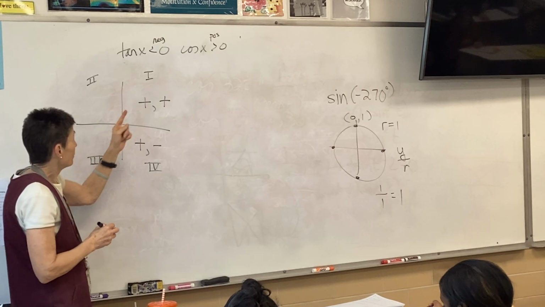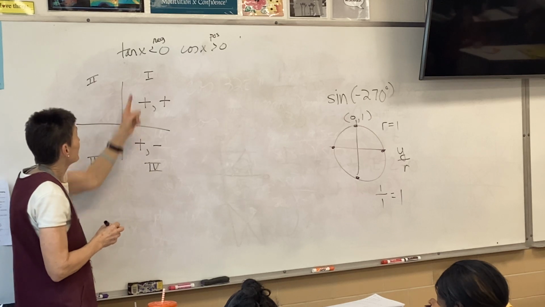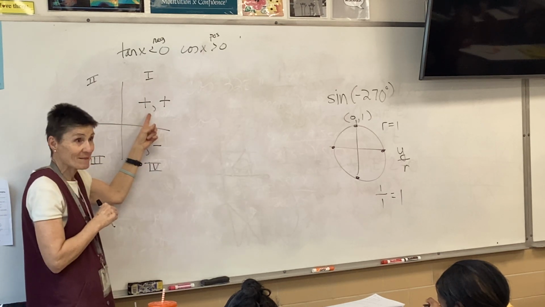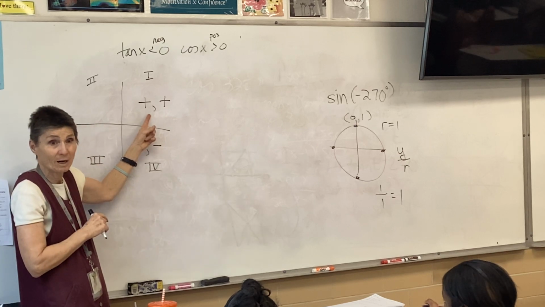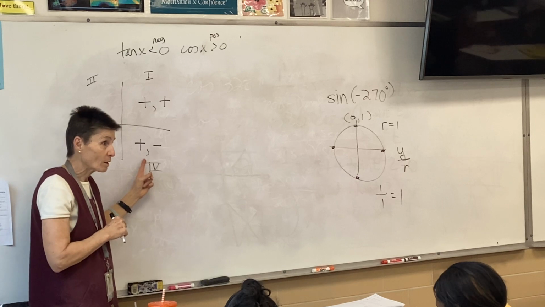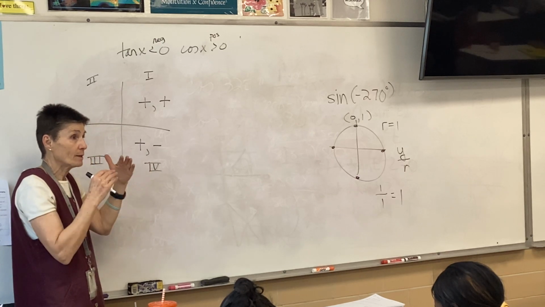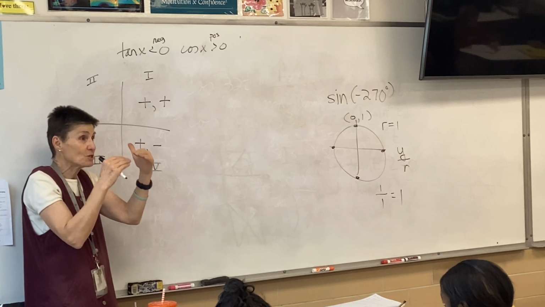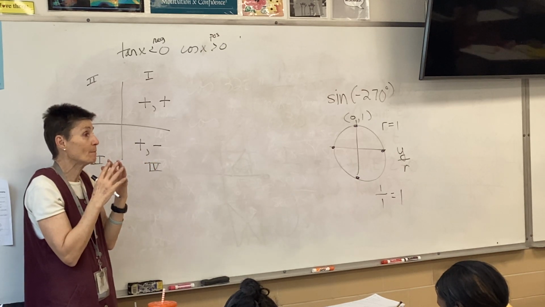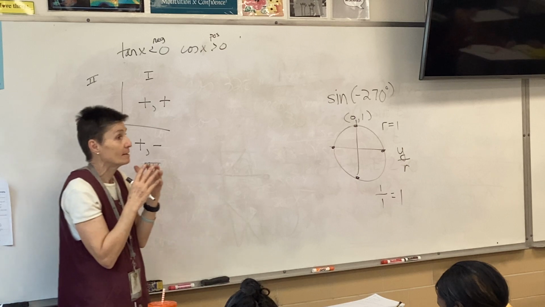Now, which of these two is going to have a negative tangent? Well, it's not going to be there because everything's positive in one, right? So what's the answer to the problem? Quadrant 4. Okay, did you follow the logic there? But I couldn't do the problem unless I remember cosine is x.